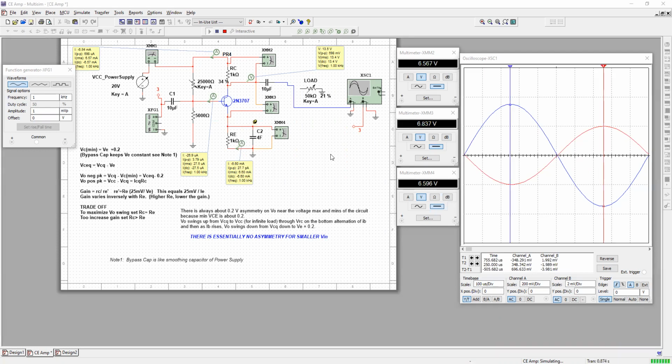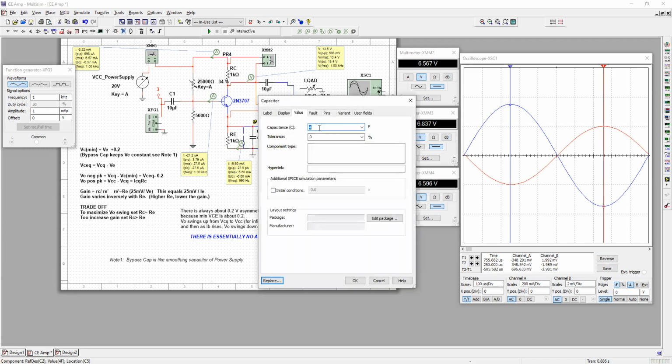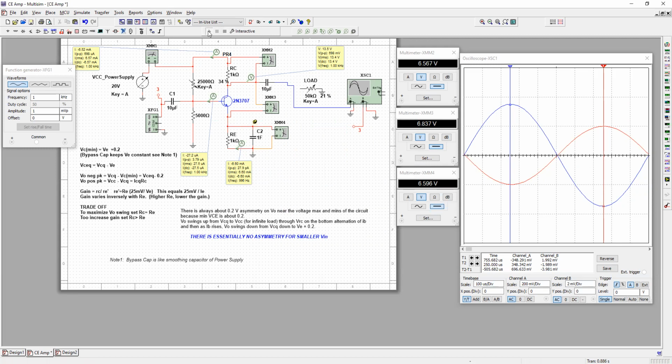And if I did go down to 1 farad, would it make an impact on the gain? Is there a linear relationship between this capacitor value and the gain? Let's see. Okay, so I look like I have just repeated the same signal. I'm not seeing much of a change after 1 farad. So the larger capacitor is acting more and more like a wire.